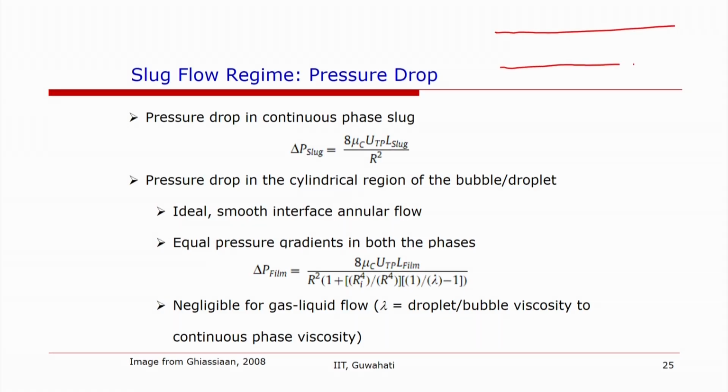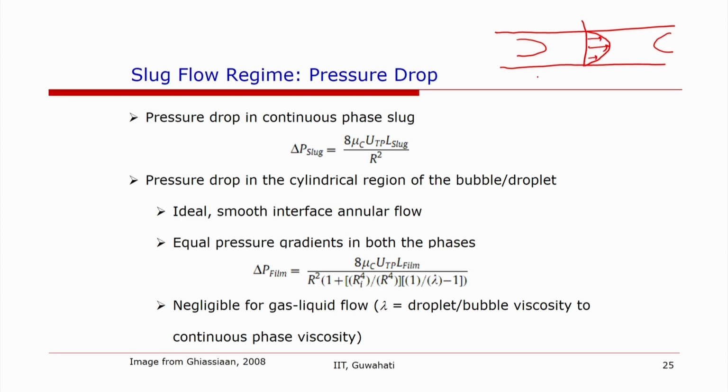Let us remind ourselves that the slug has a velocity profile which is close to a parabolic velocity profile, except near the ends of the bubble.